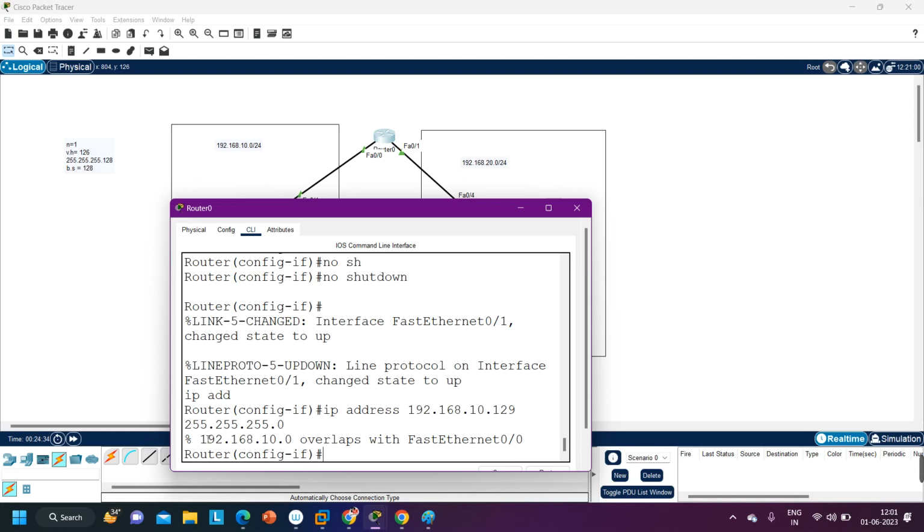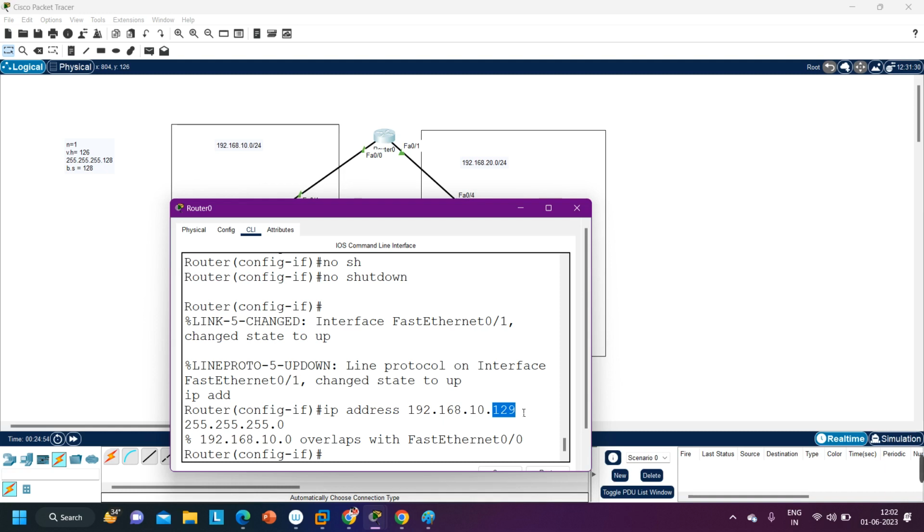See what it's saying: this IP address is overlapping with the network running on fast ethernet 0/0. That means you are not allowed to configure 129 directly because both IP addresses belong to the same network.